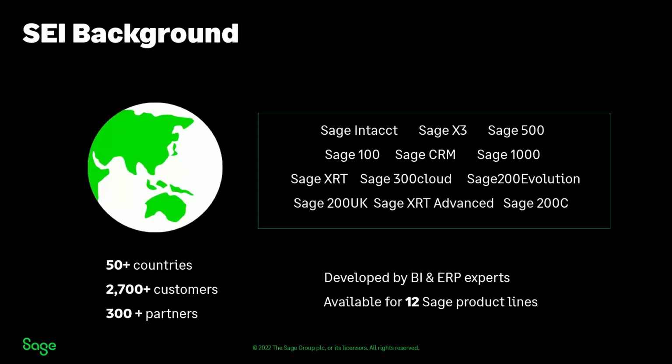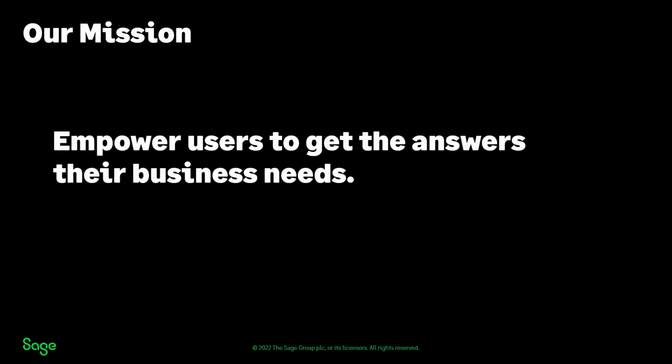We have almost 3,000 customers worldwide, a number of different partners representing this solution. So we do have quite a base using SEI today for their Sage solution. As far as our mission statement goes, when it comes to data analysis and reporting and BI in general, we're really aiming to empower users to get the answers their business needs.